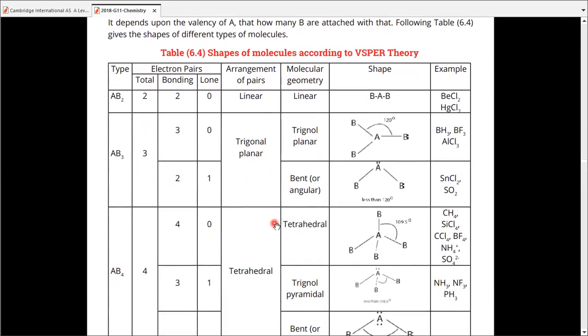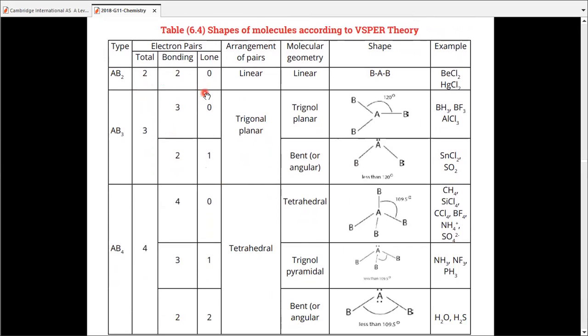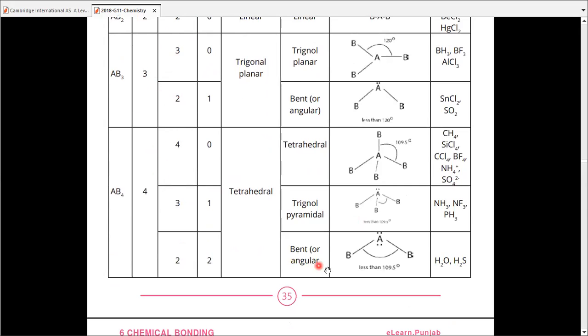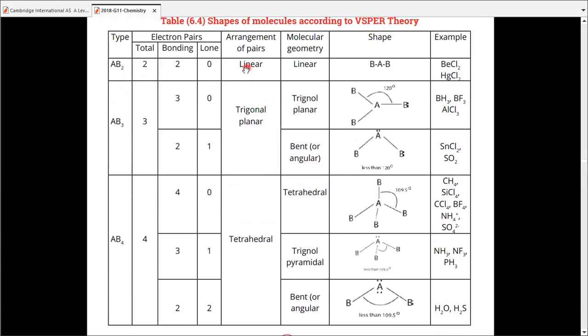Because it gives you a very good idea with AB, AB1, AB2, AB3, AB4, since this huge table has already been taken from another English book. So this pretty much gives you the idea what the shape would be, how many total pairs there are, whether those pairs are bonding pairs or lone pairs, the possible examples of molecules with those shapes, and the possible angles, right?